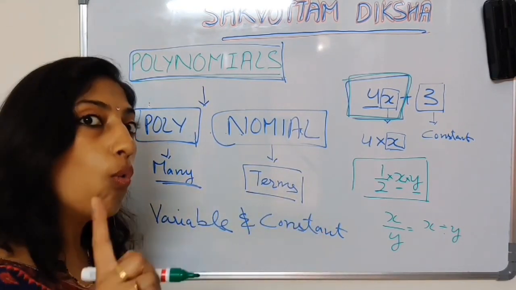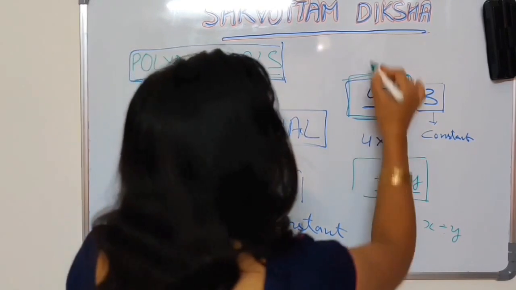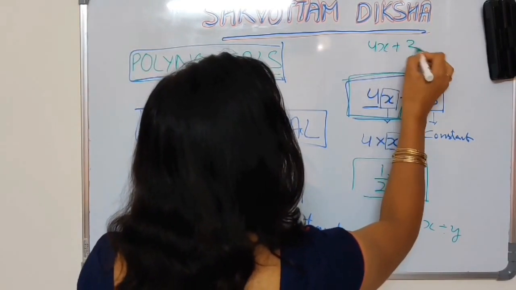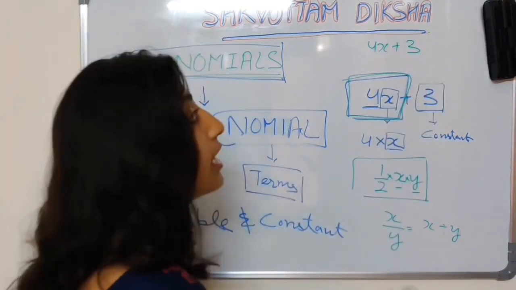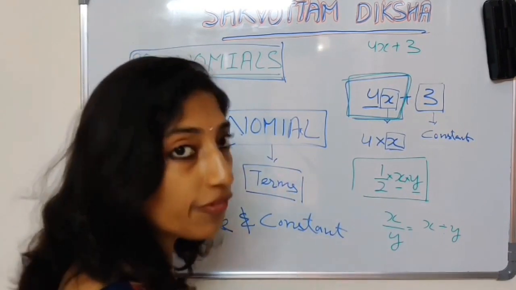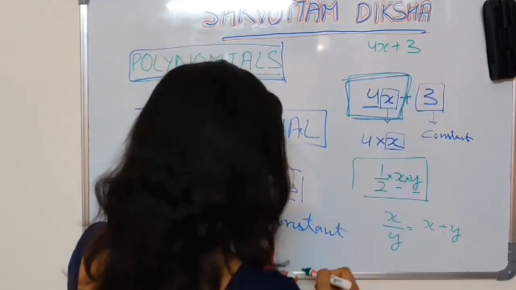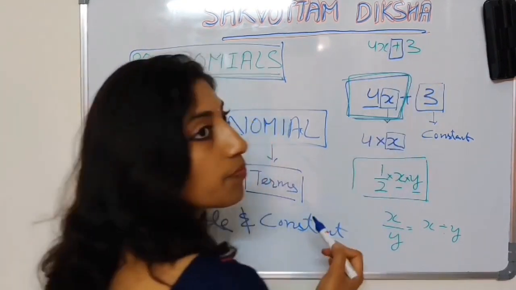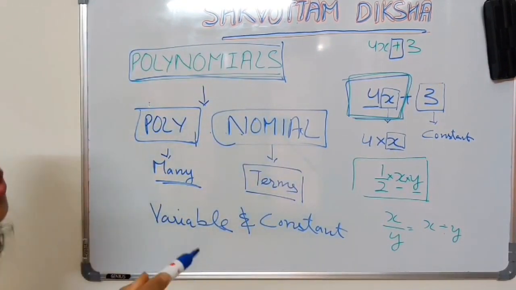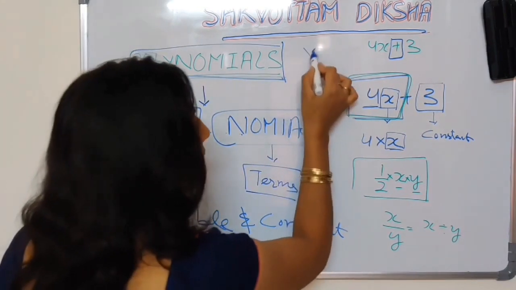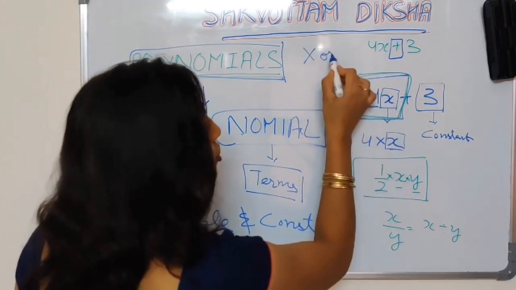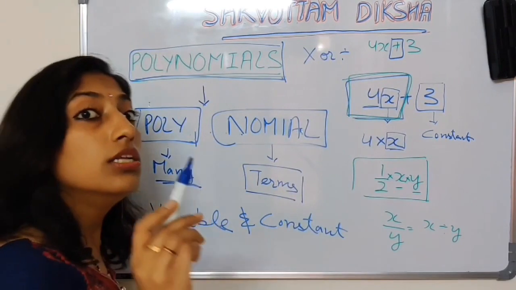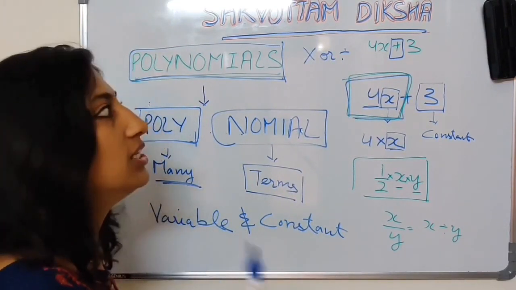They are one term. But is 4x plus 3 one term? They are two different terms because we have a plus sign in between. The terms which are associated with only multiplication or division are referred to as the same term, one term.